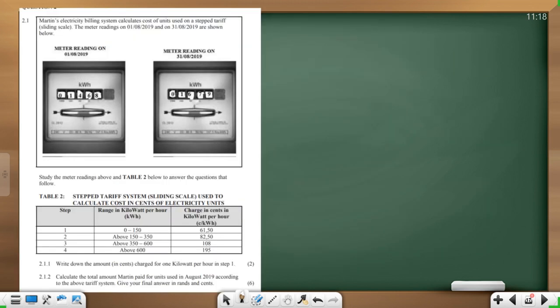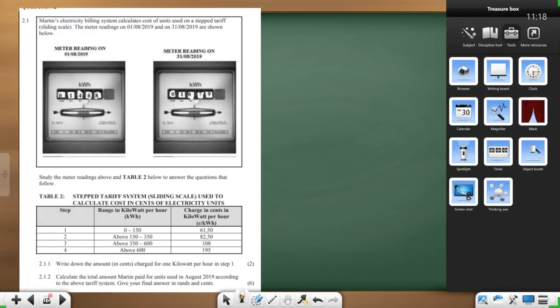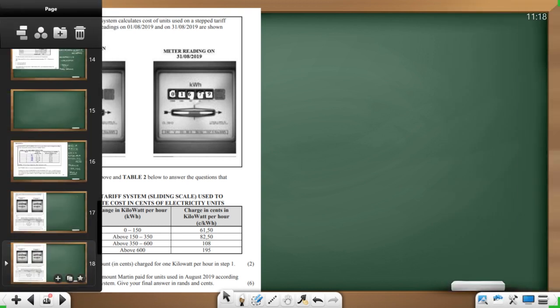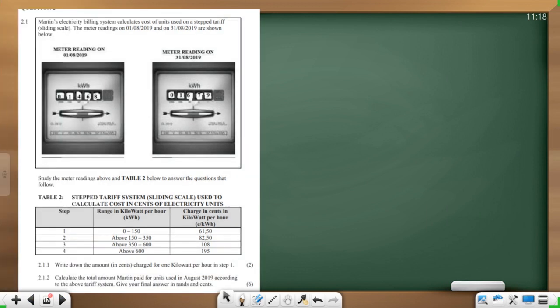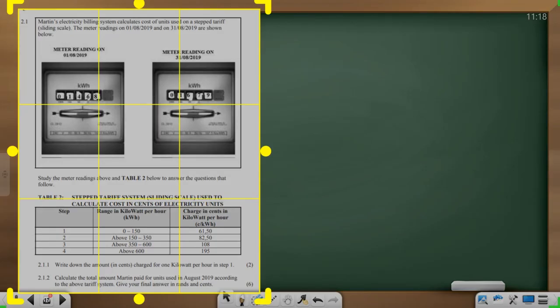Okay, let's try one more for now. Martin's electricity billing system calculate cost of, I don't know if this is visible enough. Let me do this to make it very, very visible for everyone so we can see. One second.